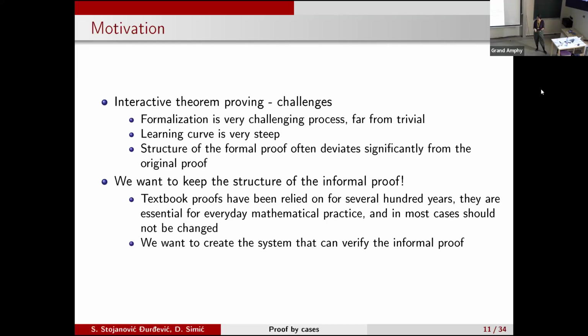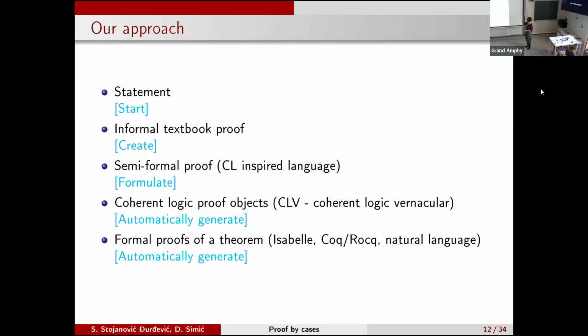But if you're a beginner, it can be frightening. You need to enter the whole system and see a lot of things that you don't need for those simple geometry textbook proofs. We wanted to return to the idea of informal proofs, and create a system that can verify such a proof.